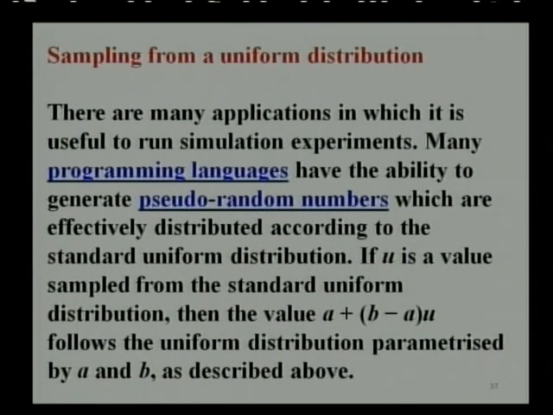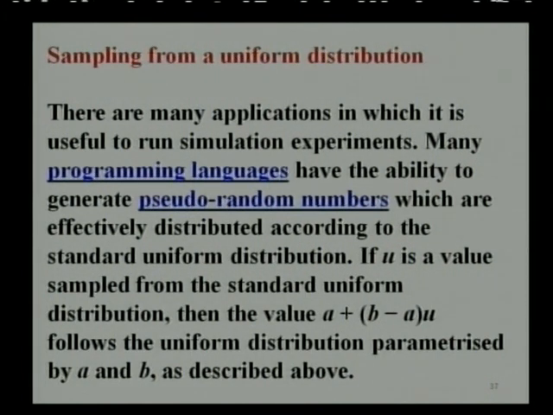The uniform distribution is helpful in drawing random samples from the different kinds of distributions discussed in this slide. Many programming languages can generate pseudo random numbers that are effectively distributed according to the standard uniform distribution.